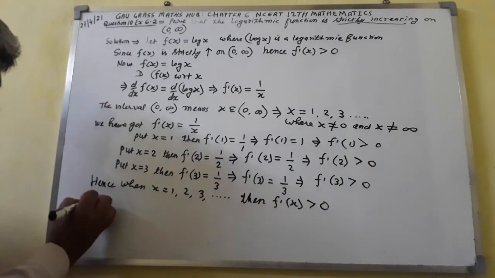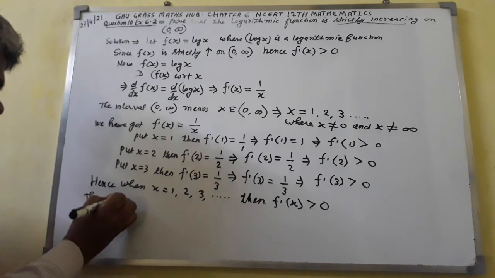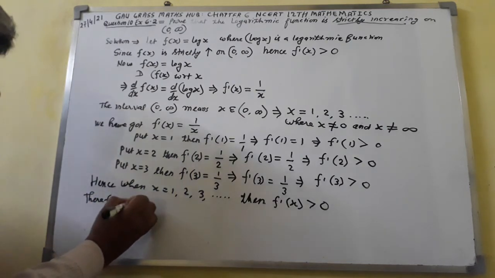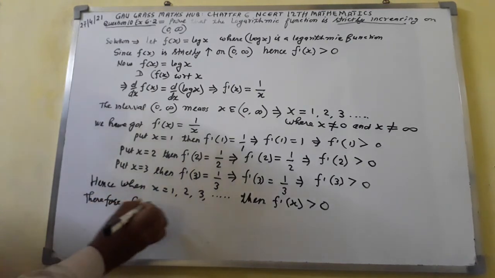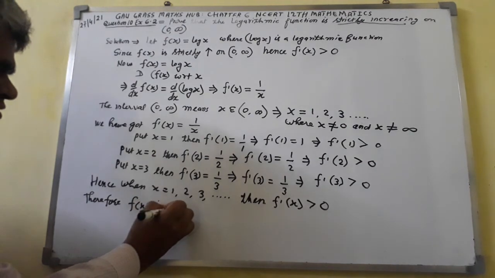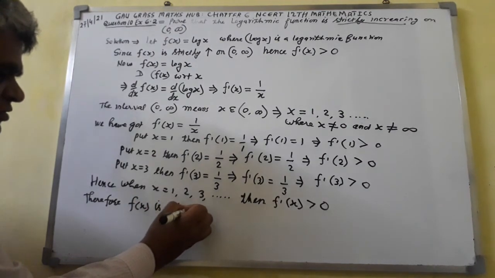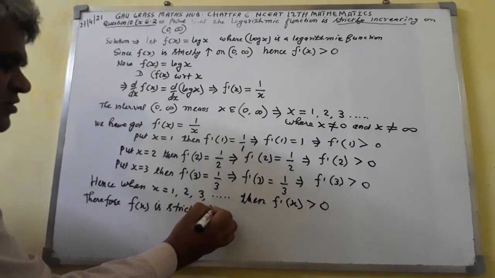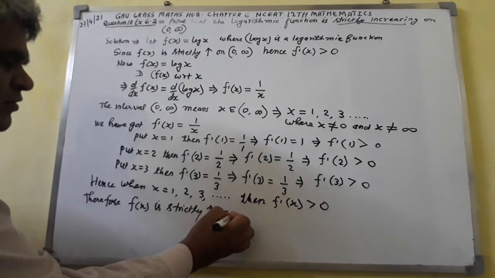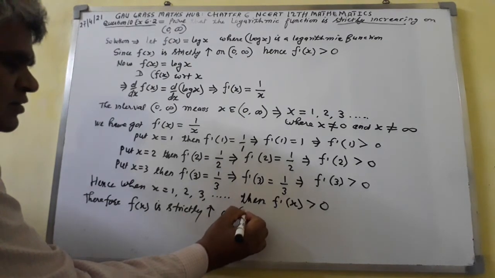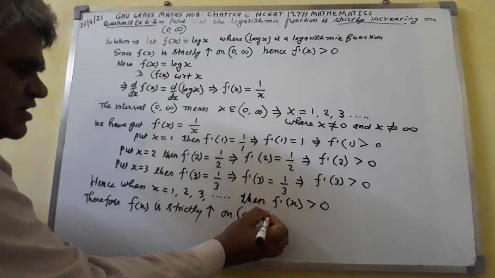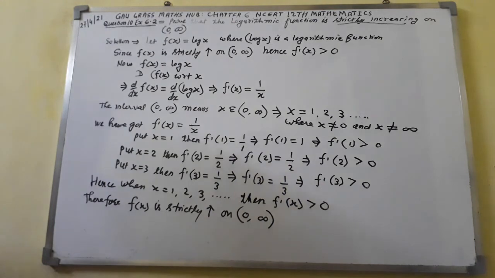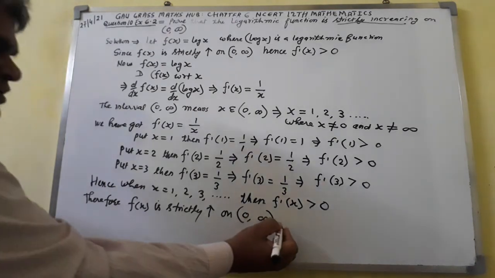Therefore, f of x is strictly increasing on open interval 0 comma infinite open interval. That's all.